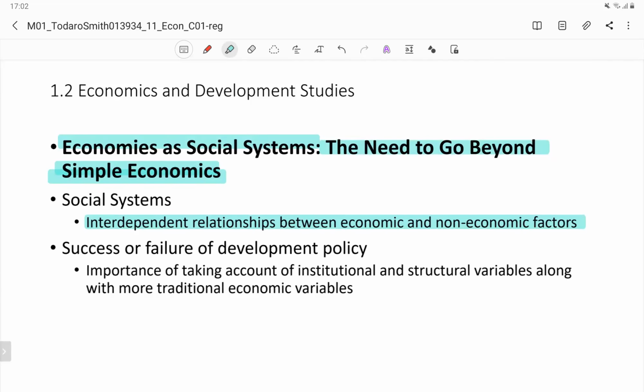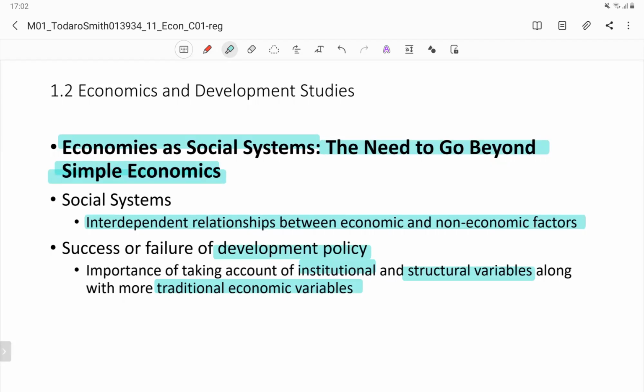And then we also need to pay attention to the success or failure of development policy. It is important to take account of institutional and structural variables along with more traditional economic variables. For example, if you want to solve poverty, it is not enough to just drop some money to the poor people.